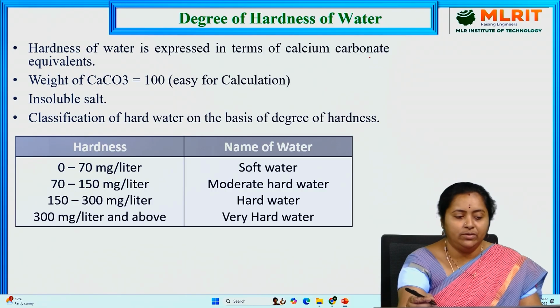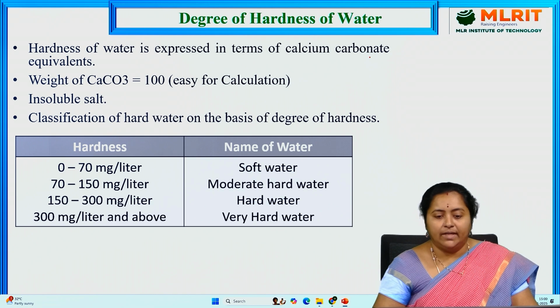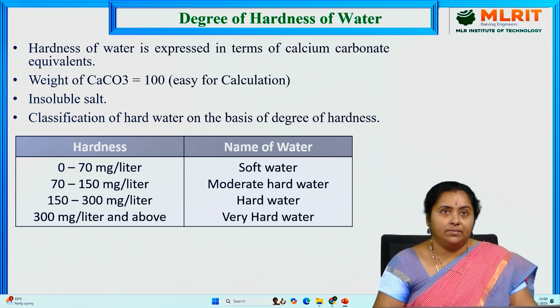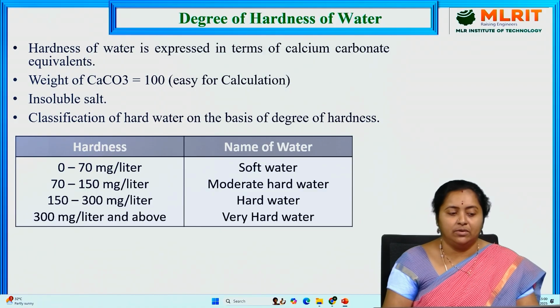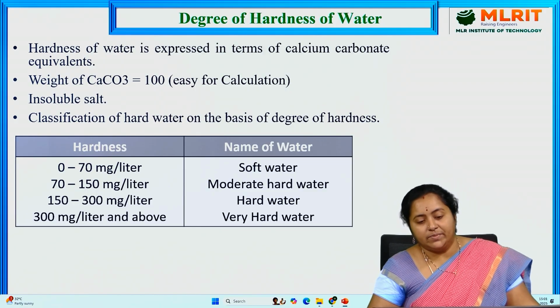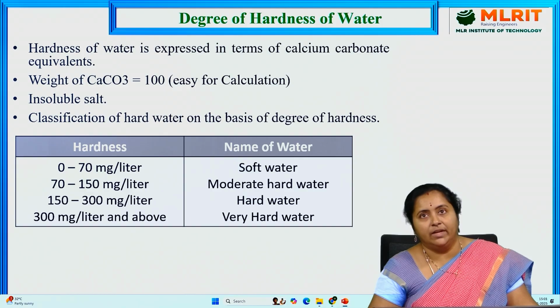Why do we need to express the hardness of water in terms of calcium carbonate equivalence? As I told you, when water is subjected to boiling, we can expect the formation of insoluble salt of calcium carbonate, which is purely insoluble in nature. It can be removed by filtration technique.